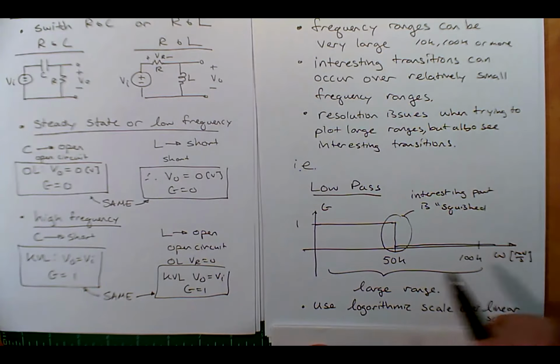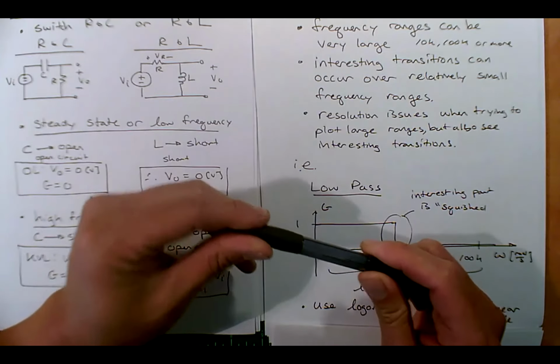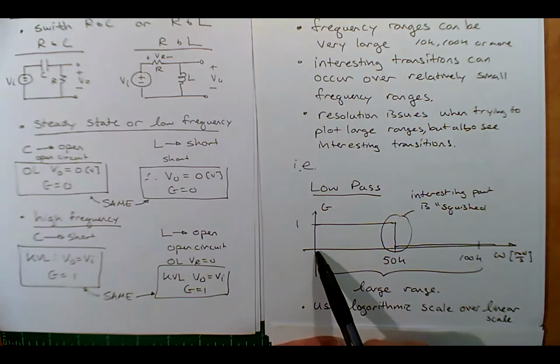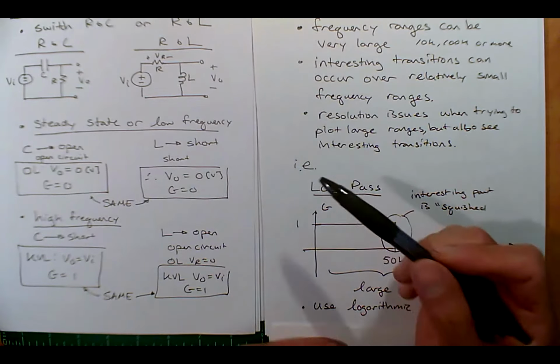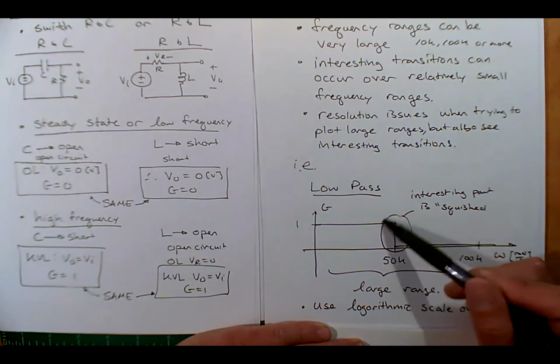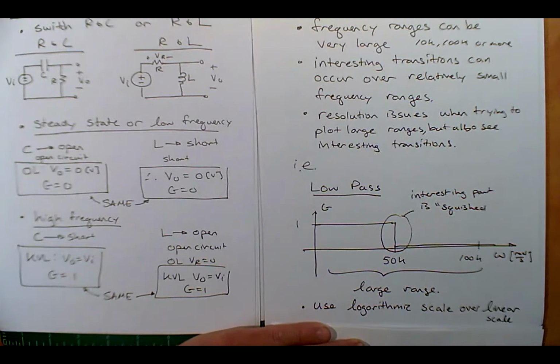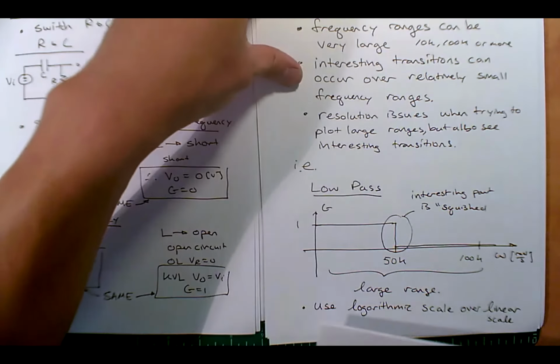Fatigue plots are the same way. You're bending some kind of material test sample, you're at 50,000 cycles, and all of a sudden it snaps, right? But what we want to see is, how did it behave just as it snapped? And so you lose all that interesting behavior if you're plotting on a large scale. So we go from a linear scale to a logarithmic scale.